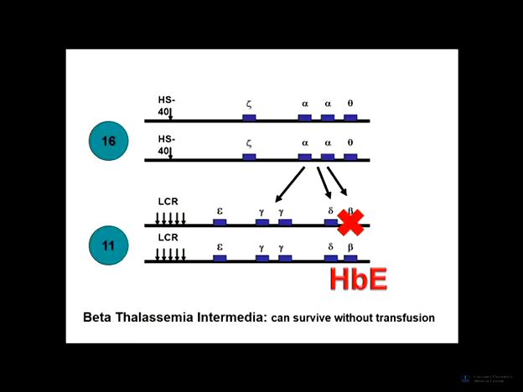Thalassemia major is where you require a transfusion in order to survive. Thalassemia minor is thalassemia trait, and thalassemia intermedia is where you can survive without transfusion, but not very happily. So this is an example of a thalassemic hemoglobinopathy that causes both an abnormal protein and a thalassemia type phenotype.